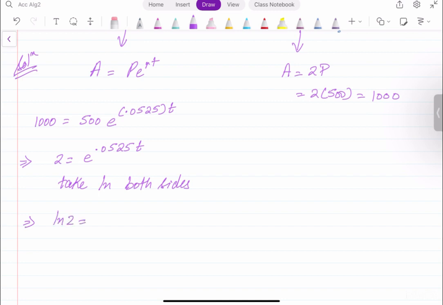That will give you ln of 2 is equal to 0.0525 t. And then we can divide both sides by 0.0525 and we are ready to plug it in the calculator. So plug it in the calculator and you will get number of years it will take for the initial investment to double.